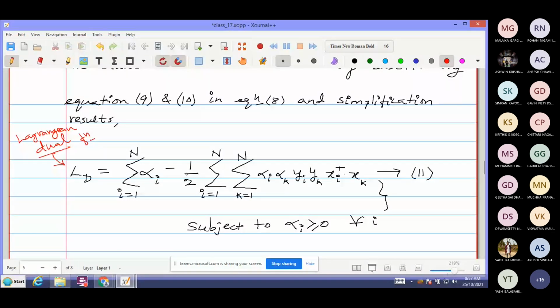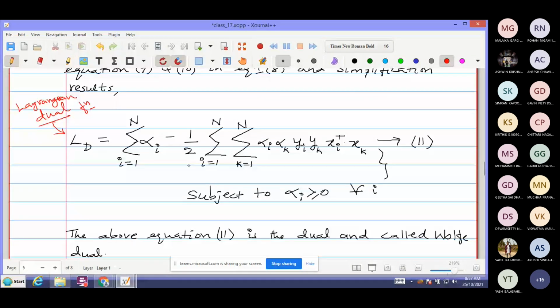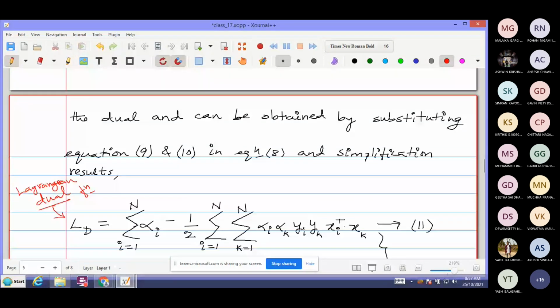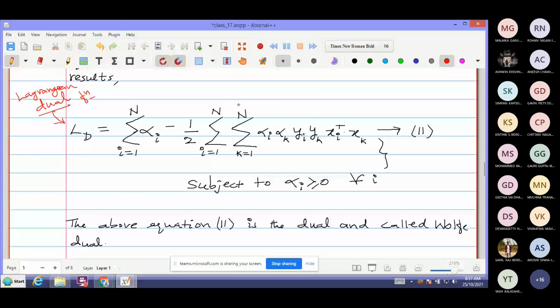You need not worry about the steps now. I have just written the solution here. So summation alpha i corresponds to the first part of equation 8, that is norm beta 2.